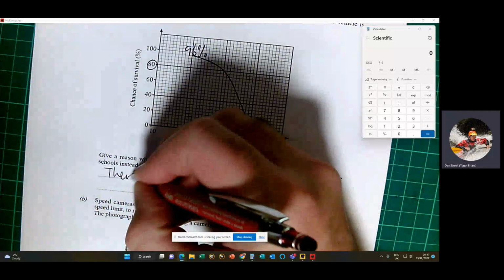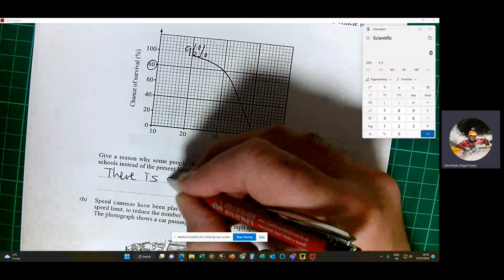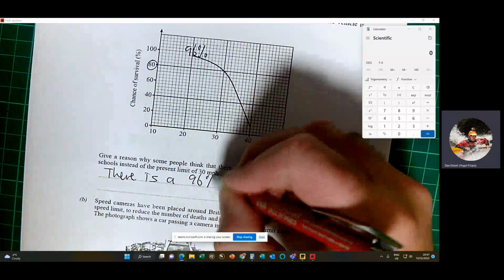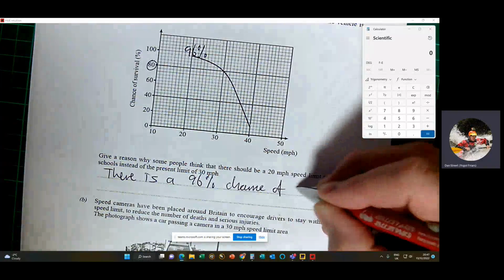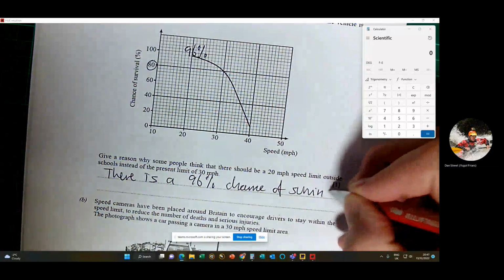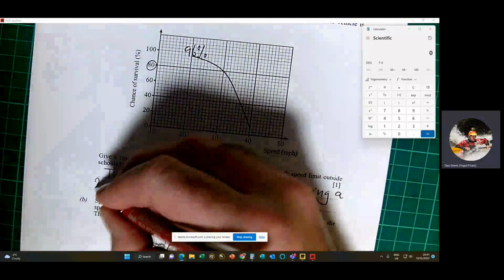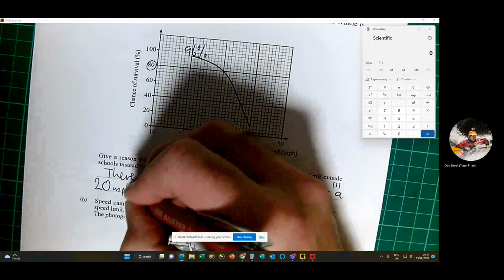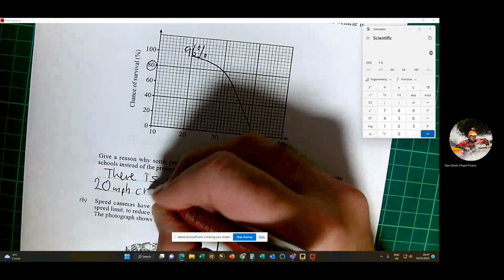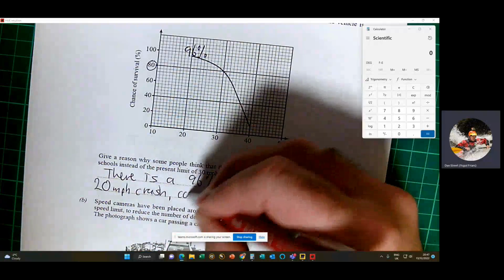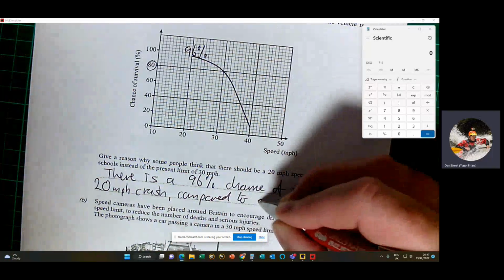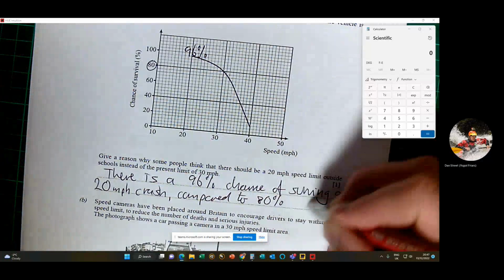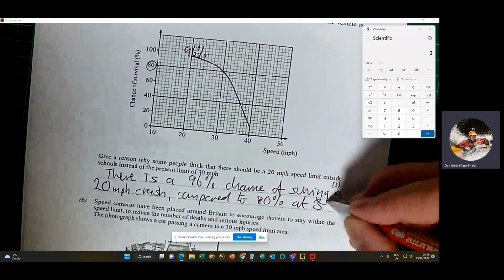So there is a 96% chance of surviving a 20 mile per hour crash compared to 80% at 30 miles per hour.